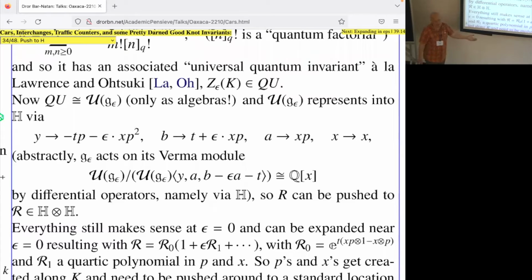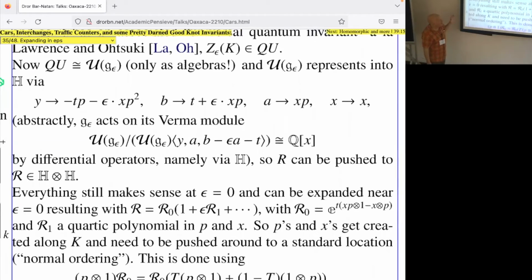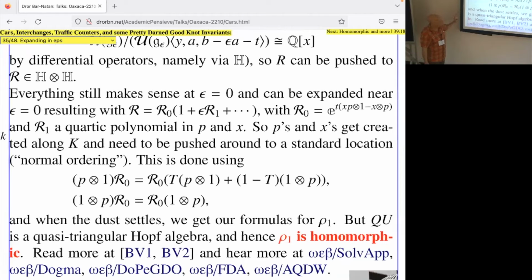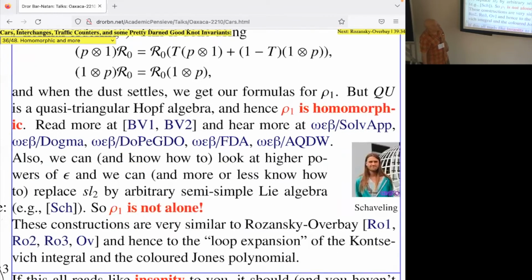Then you can look at Verma modules. It's a long and complicated story. And at the end of the story, you recover the formulas that I gave you before that basically anybody in high school could understand.